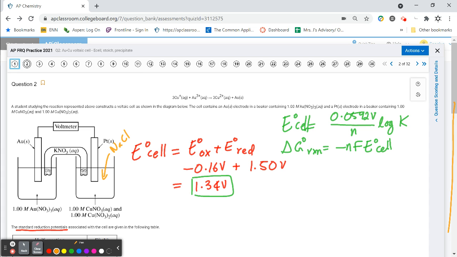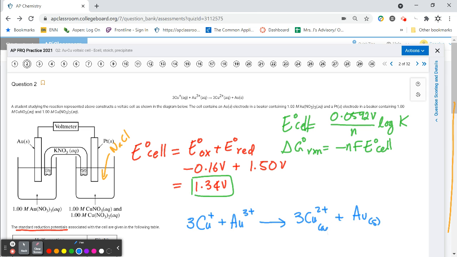If you did an original equation for the reaction that's happening inside this cell, and added the half reactions up, you would have, in a balanced chemical equation, 3 Cu+ plus Au3+ goes to 3 Cu2+ plus Au solid.